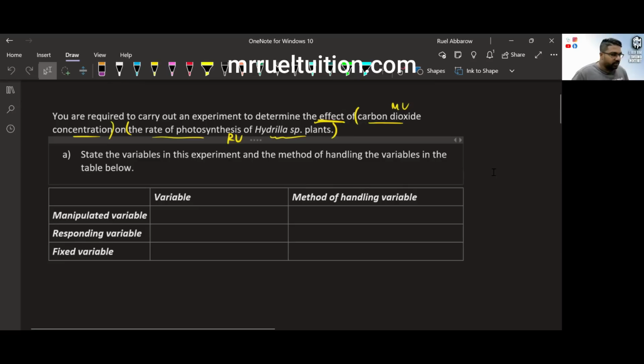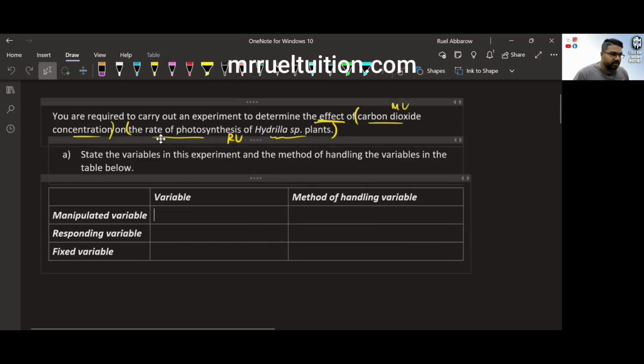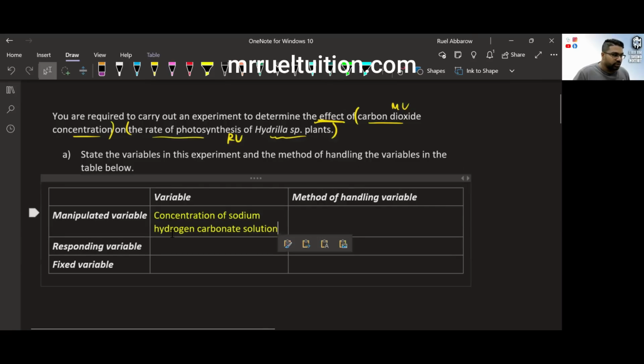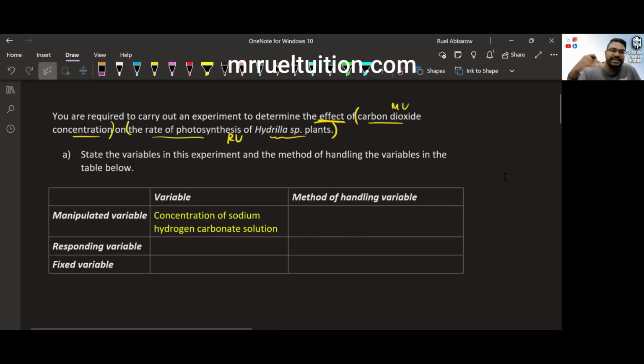All right. So for the variables, there are no doubt for the variables because this experiment is in your textbook. So here, manipulated variable is the concentration of sodium hydrogen carbonate solution, not carbon dioxide concentration. Carbon dioxide concentration is the MV in theory, but practically, how do we manipulate the carbon dioxide concentration?